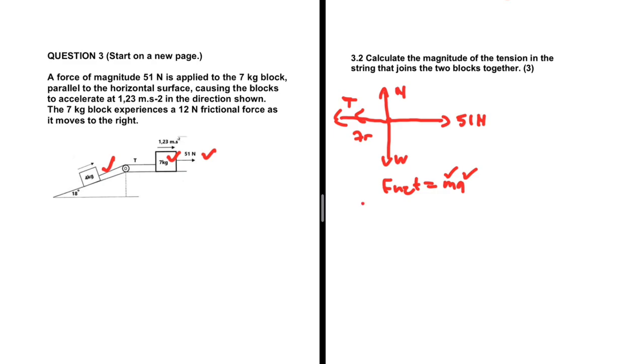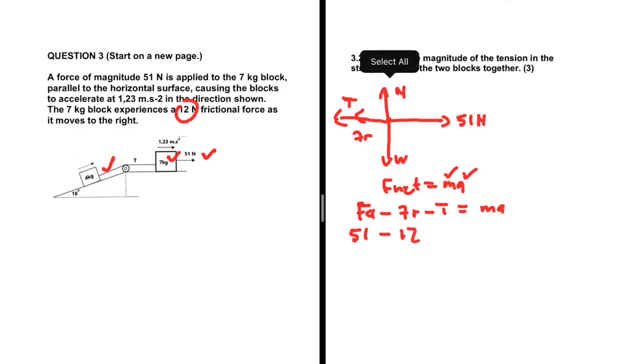So we will say force applied. This is the force pulling the object minus all the forces that are opposing the motion. So that will be the frictional force and the tension force. This equals ma. Force applied is 51 newtons. The frictional force is said to be 12 newtons. There it is.